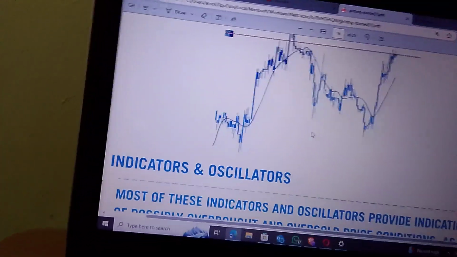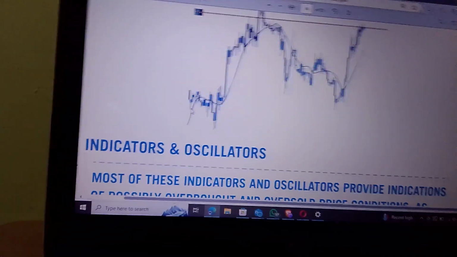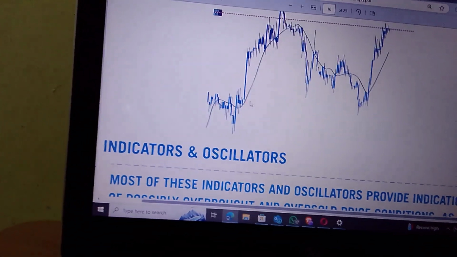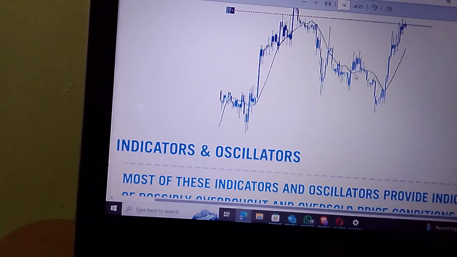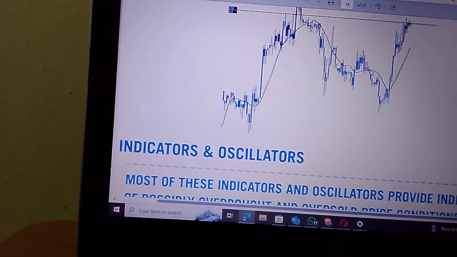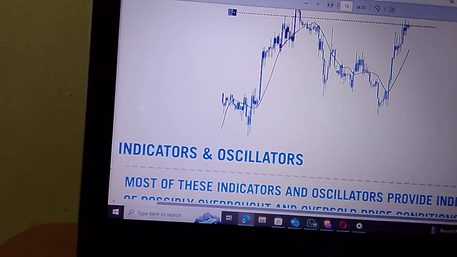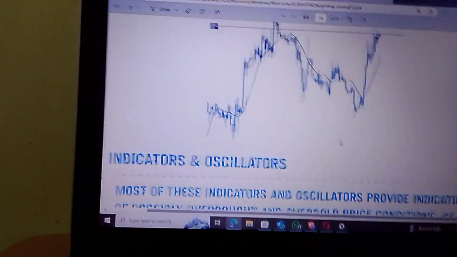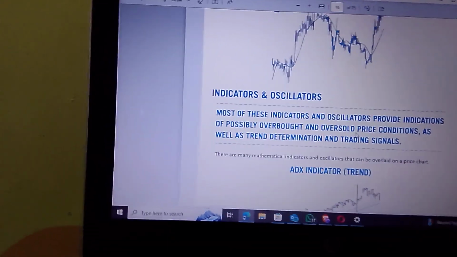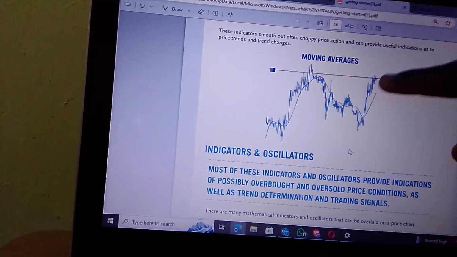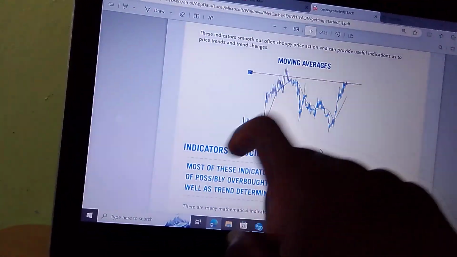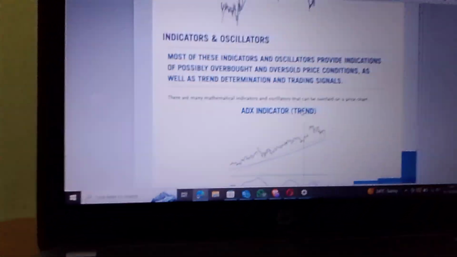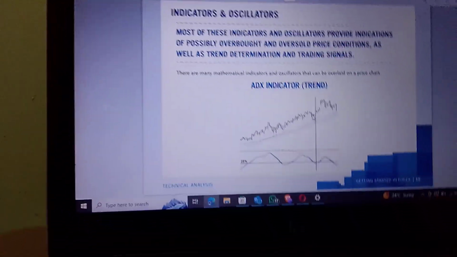I think that's the moving averages. So now, like, this guy has made a smooth curve cutting through the prices just to see how the prices move, the averages, how the prices move generally. Yeah, so that's the moving averages. You can use that to know whether when it reaches this point, will it go down or will it continue going up. If you look at it for a longer period of time, you can know where it will be going.